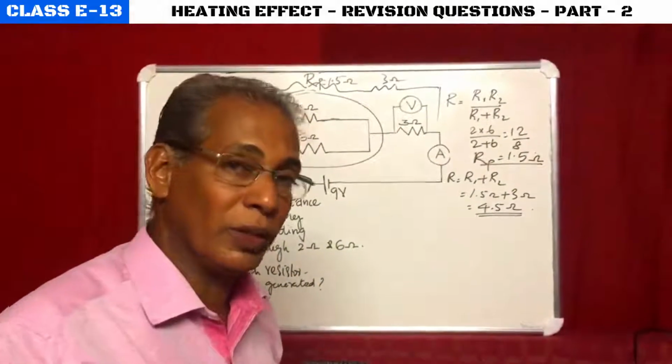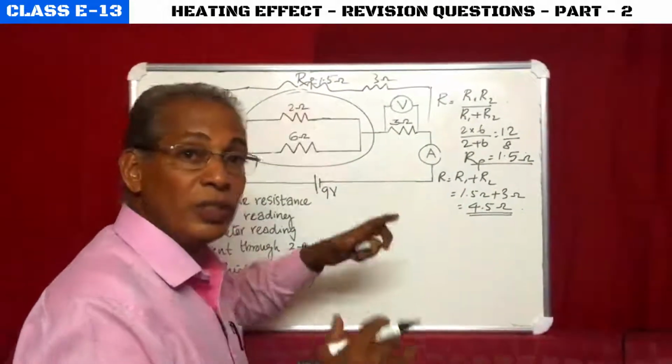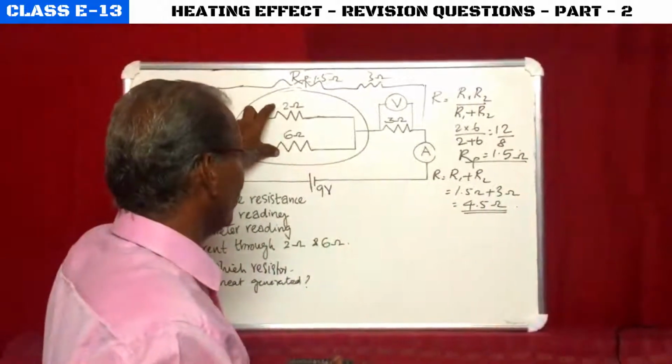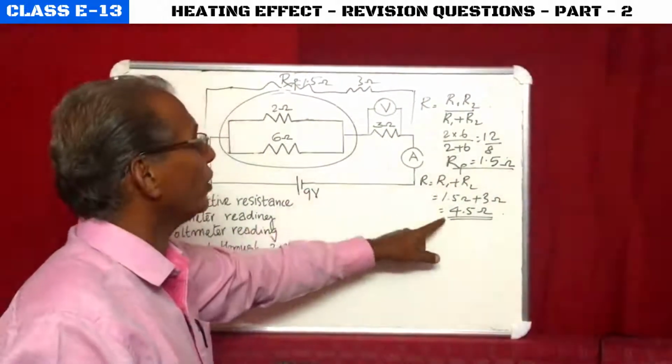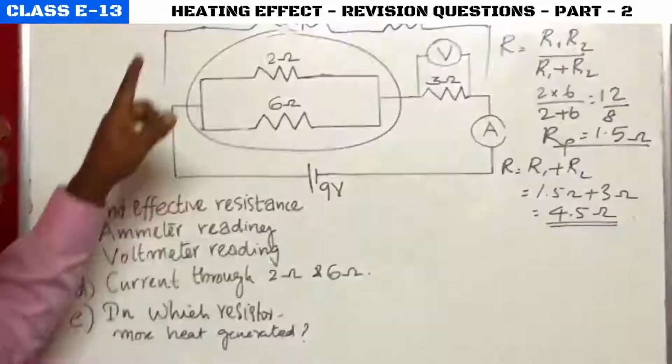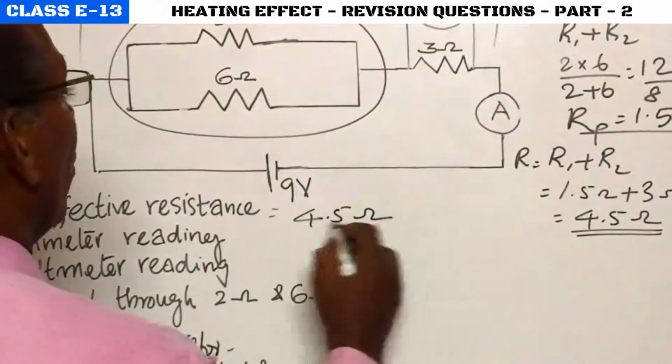I think you got this idea clearly. We took two stages: first the parallel combination, then these two in series. So the answer to the question: effective resistance is 4.5 ohm.